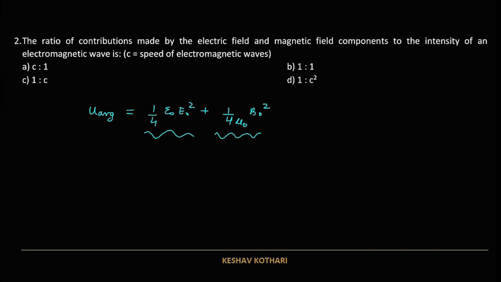That is, the electric energy density is equal to the magnetic energy density. So the answer is 1 is to 1 for this particular problem. We are moving with option B.